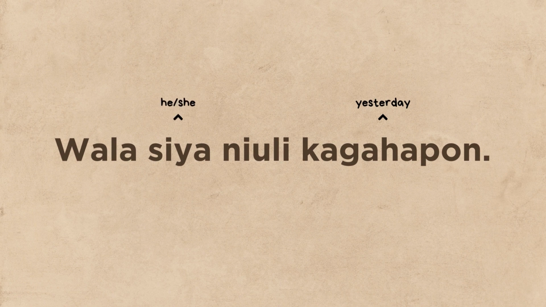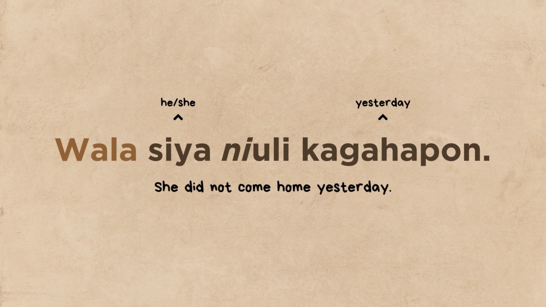Siya could be he or she, and our verb here is the word niuli, with the prefix ni, which suggests a past action. So this word means going home, and this is being negated by a word wala. Wala siya niuli kagahapon. He or she did not come home yesterday.